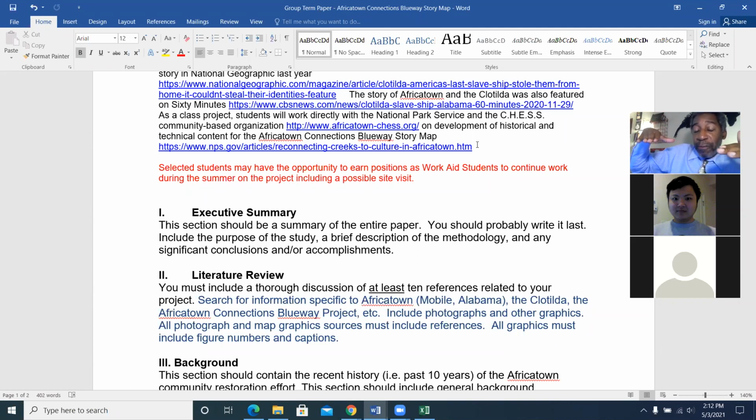Mobile is a Gulf Coast city, and so there are obviously a lot of rivers and streams that flow eventually into the Gulf of Mexico, and there are places of historical significance. For example, there's a place where the Africans performed baptism ceremonies.